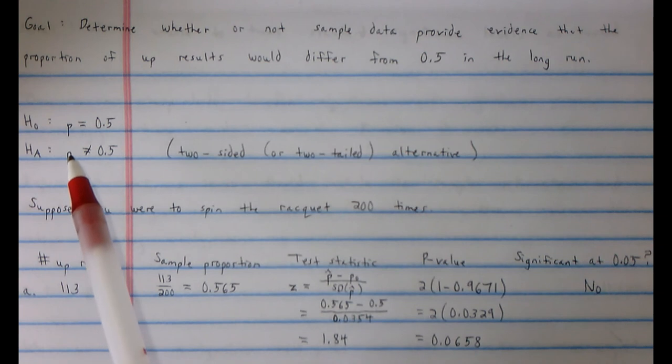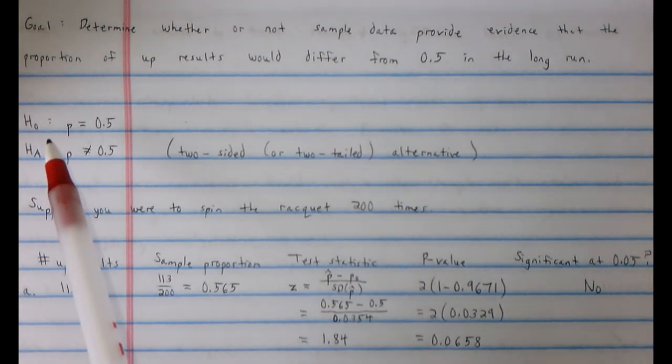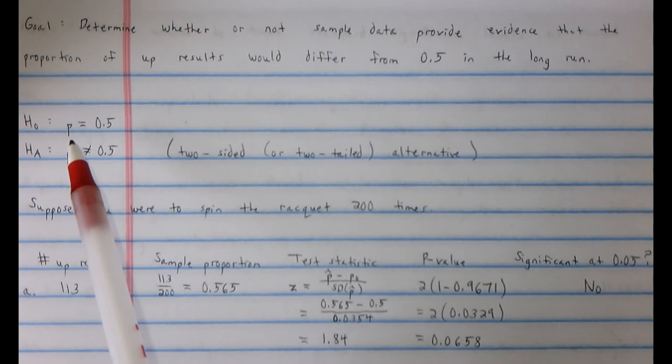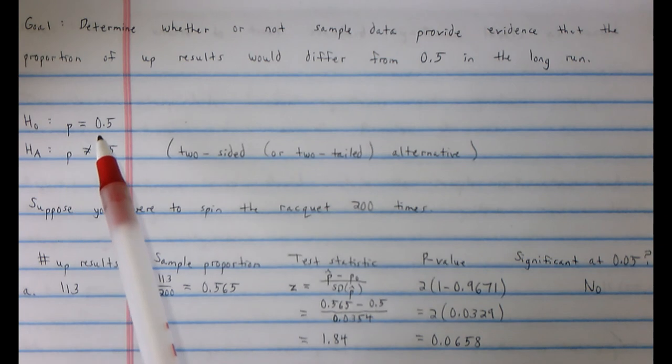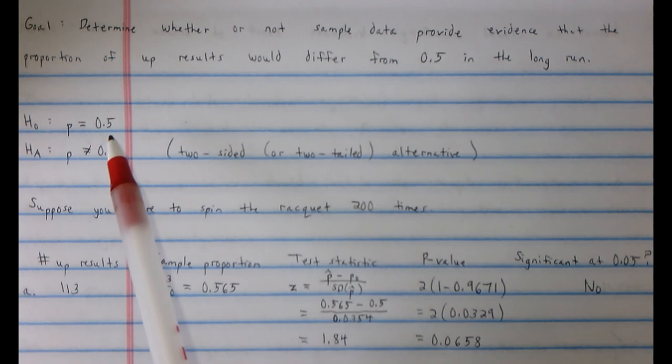So let's set up a hypothesis test. The null hypothesis is that p, the true proportion, is equal to 0.5. In other words, there's no reason to believe that the proportion of up results should differ from the proportion of down results.